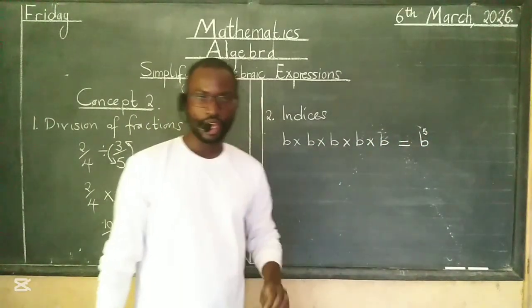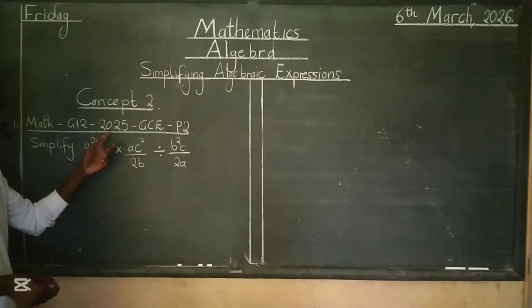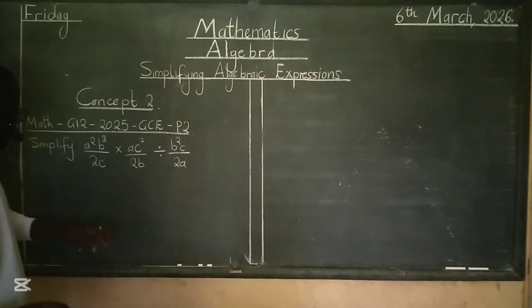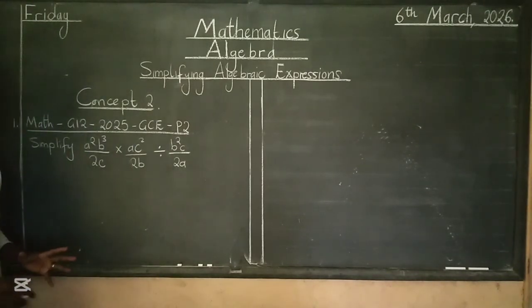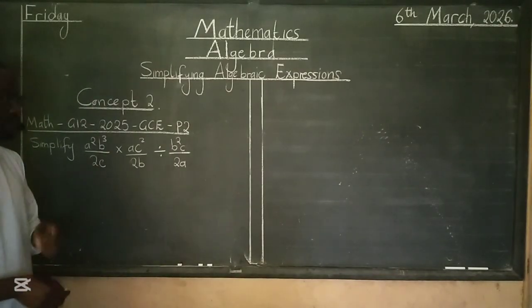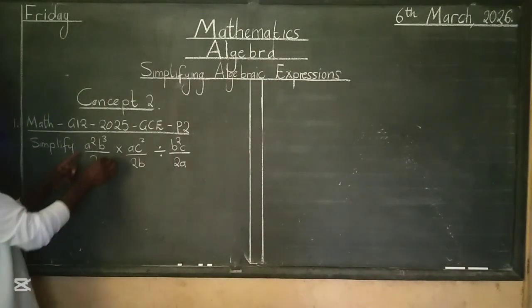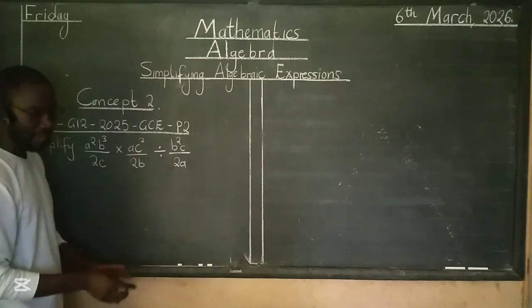Let's now solve the actual example. So this is a question that came in 2025 paper 2, and it looks like this. For this one, the first step is for us to get rid of this division sign by using that first principle I gave you. So this is going to come as it is, this as it is, then we change this part, like this.